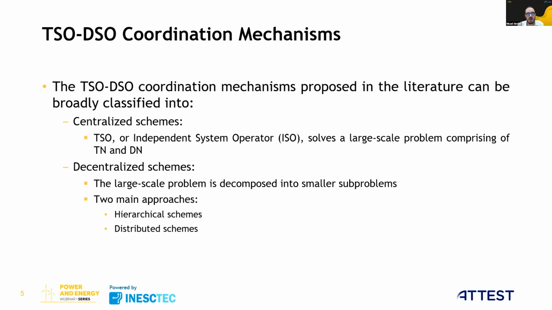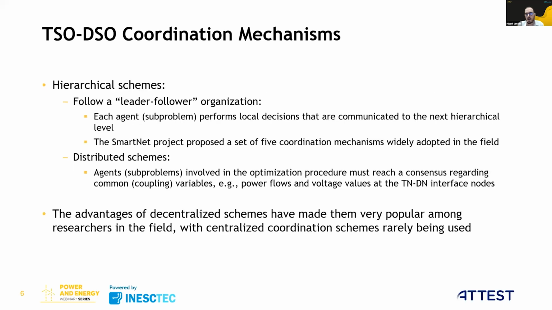And here, within decentralized schemes, we can also categorize them in two main approaches: hierarchical schemes or distributed schemes. Hierarchical schemes are those that follow a typical leader-follower organization. This is, each agent or subproblem performs local decisions that are communicated to the next hierarchical level.